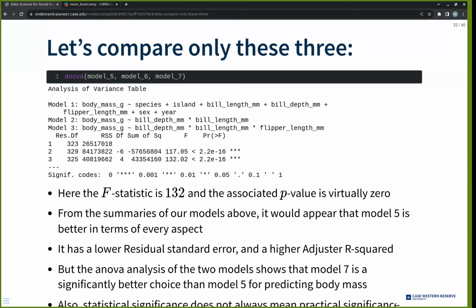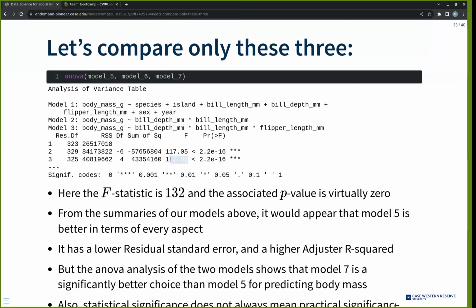But the ANOVA analysis of variance shows that model 7 is a statistically better choice than model 5 for predicting body mass. But also, one more thing that has to be said is that statistical significance is not always practical significance. It depends on what you are trying to do with your model, what you are trying to predict, and what your personal use case is. But in general, statistical significance is quite important.